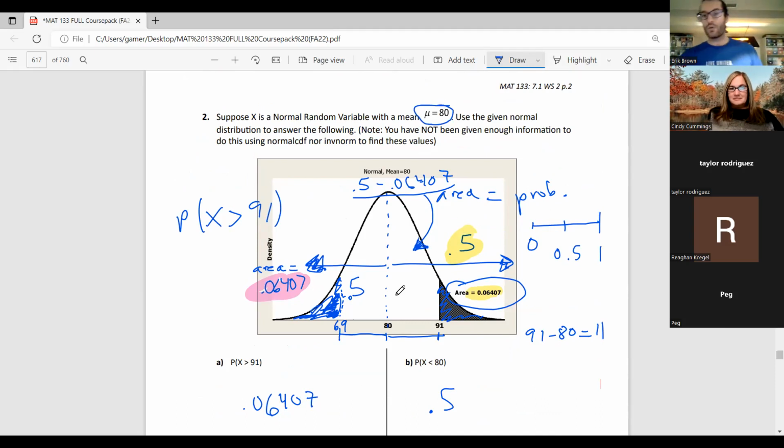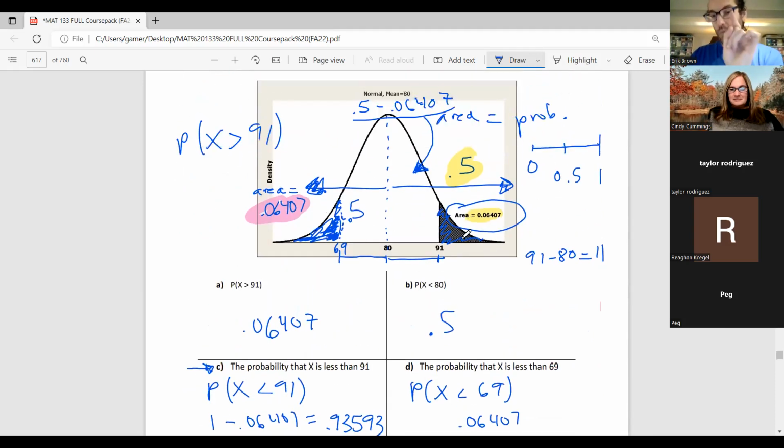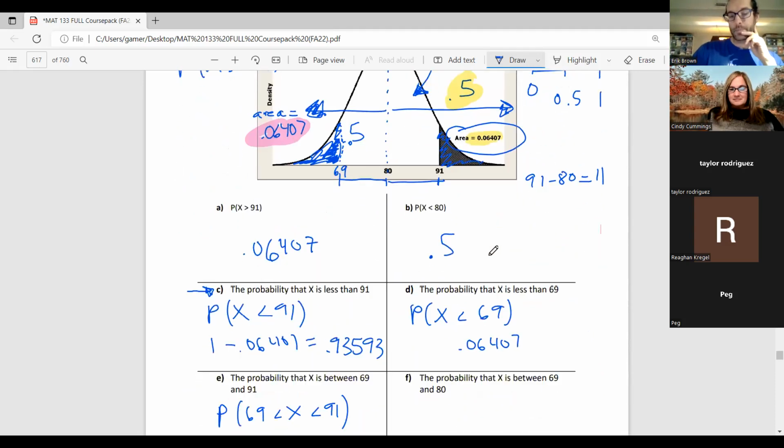We can't use that calculator. So we have to use our knowledge of the one piece of area we were given. By the way, if I'd asked you what's the probability that it's less than 85, it's impossible to answer because we don't know the standard deviation and we don't know any other connections of areas.